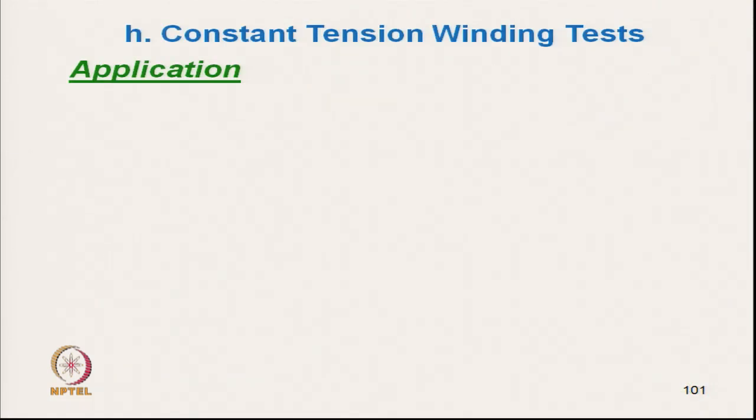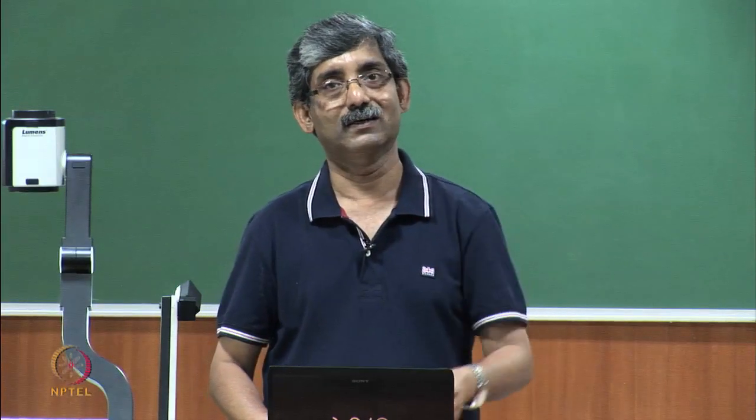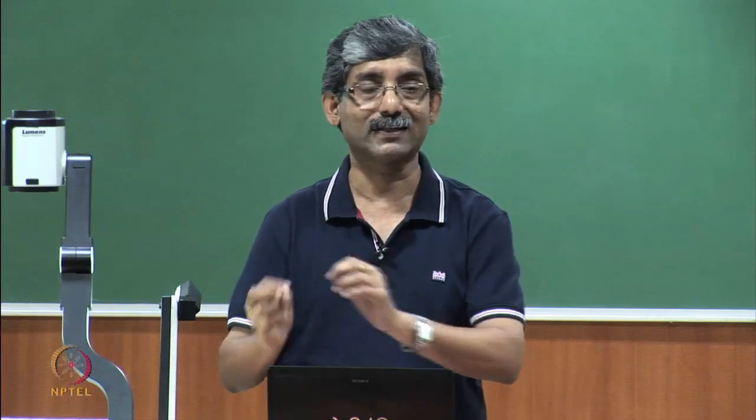Now, the application here: the results serve as a guide to the behavior of the yarn in subsequent processes. If we know the breakage rate for a particular tension, that will give us the probable end breakage in the subsequent process, end breakage in warping, winding or sizing, and accordingly we can set the tension.